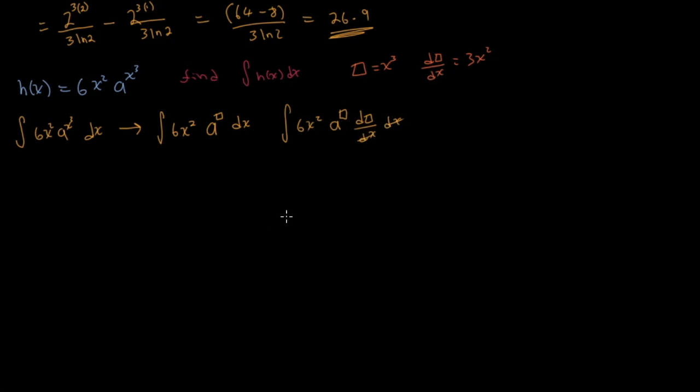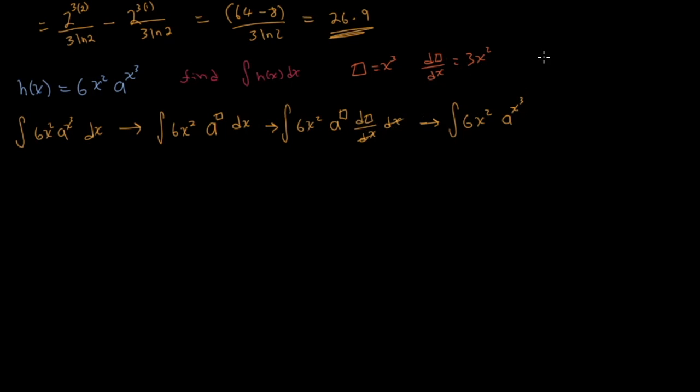So now this is in a proper form, so you can substitute our numbers back in. So we have 6x squared times a to the x cubed times d box by dx, which is 3x squared.